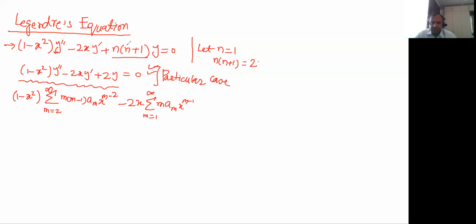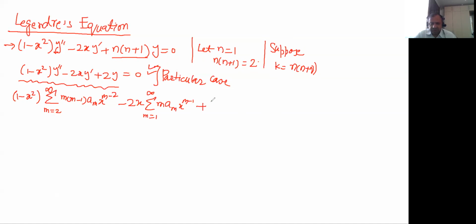And then suppose k is equal to n into n plus 1, because we don't want to write n into n plus 1 all the time. Just temporarily, we suppose that k is equal to n into n plus 1.